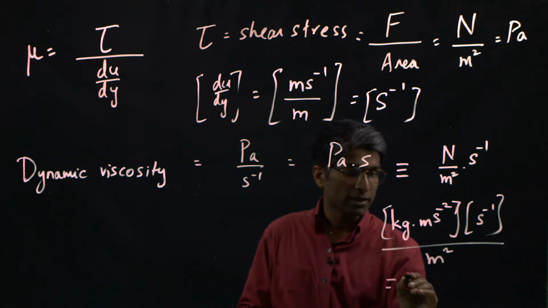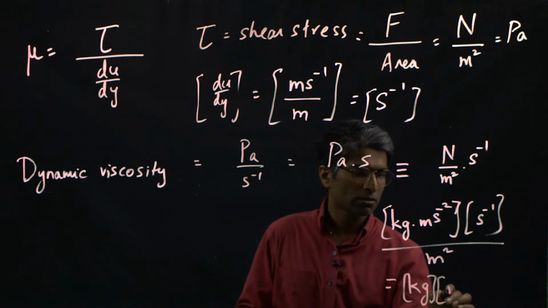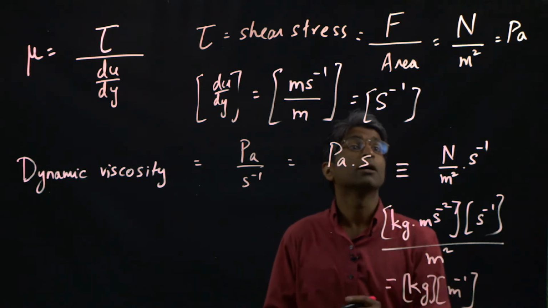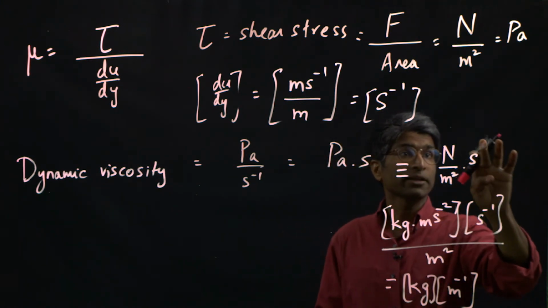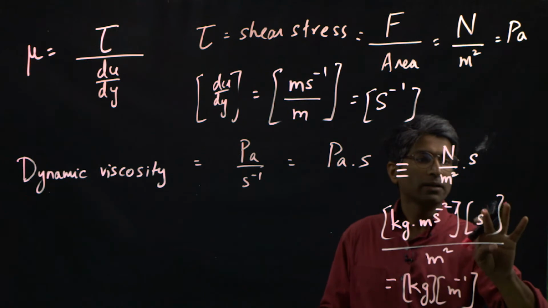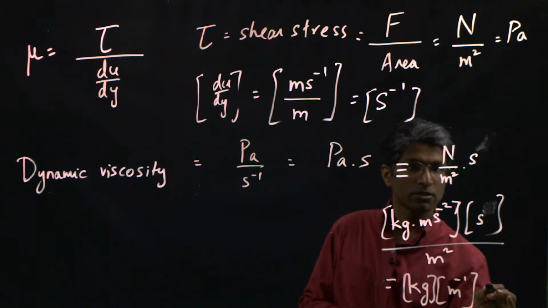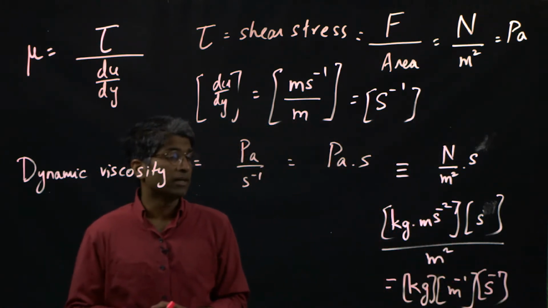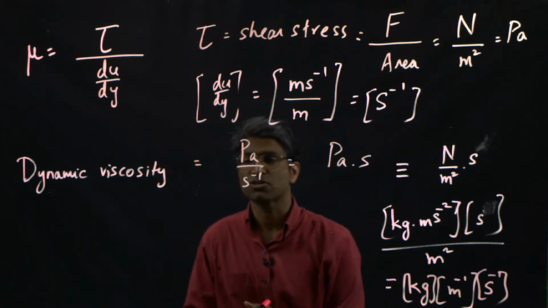So we get something like kg per meter times second inverse. So that's an alternate unit that you will sometimes see, but rarely. Usually people stick to Pascal second.